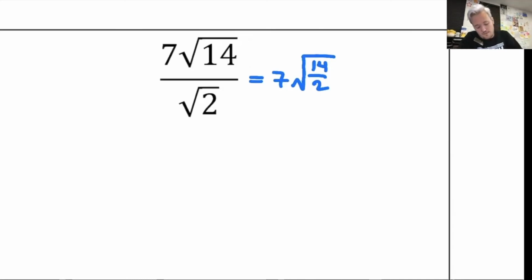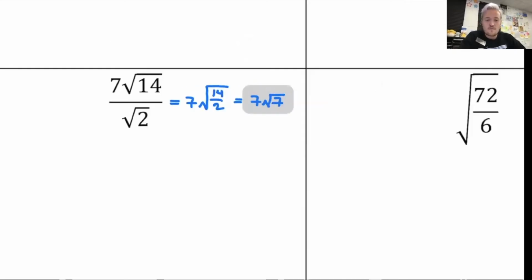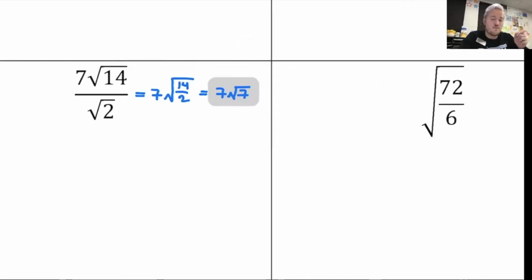And if you simplify 14 over 2, you get 7. And that's it. Now, if that number inside the radical could be broken down more and simplified more, then you would keep going. But because 7 is prime, it can't break down anymore. You just leave it.